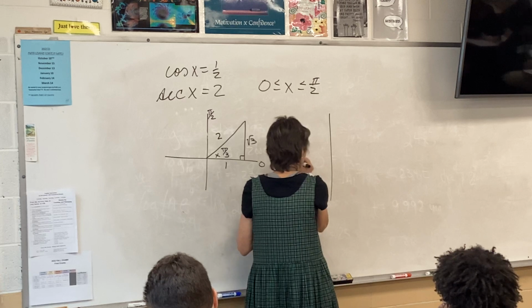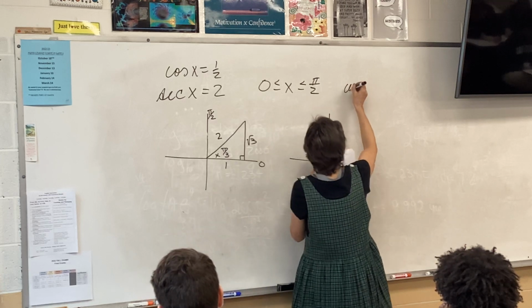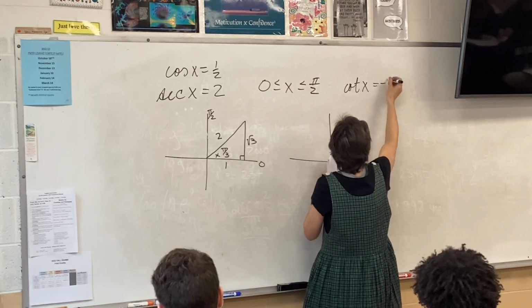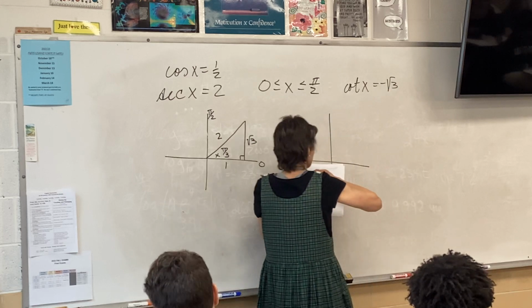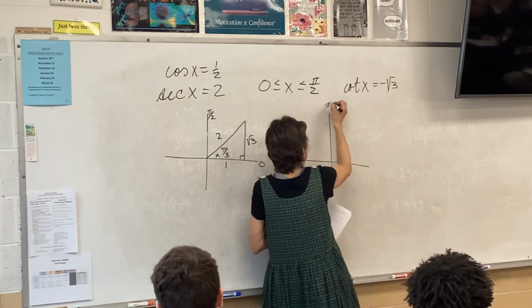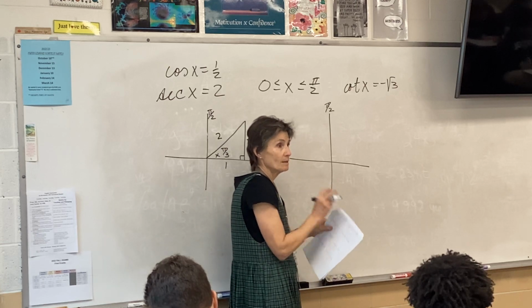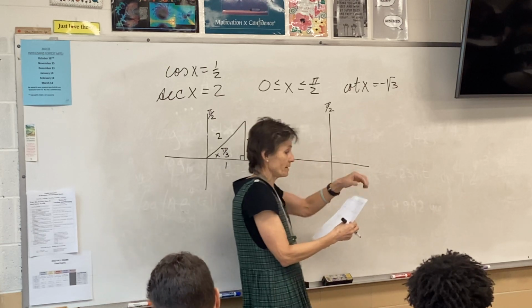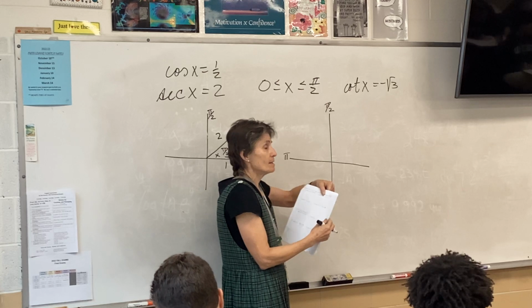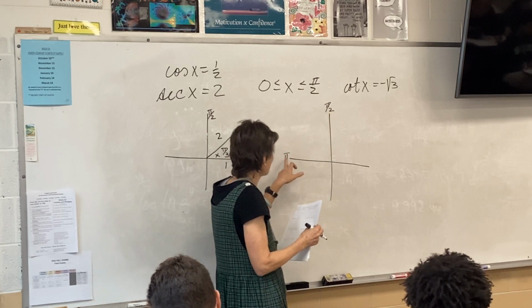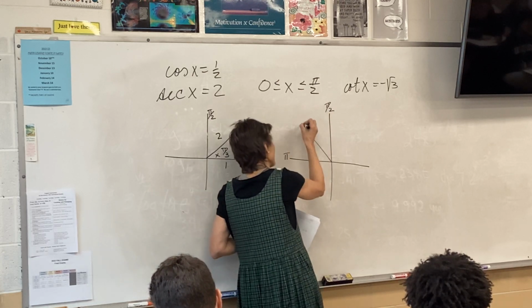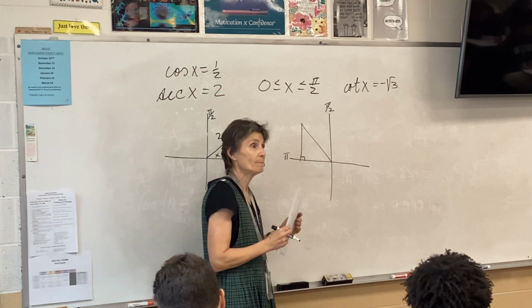The next one says the cotangent is -3, and I'm between pi over 2 and pi. So this one, letter B, says I'm between these two numbers, which automatically means I'm in quadrant 2, right?